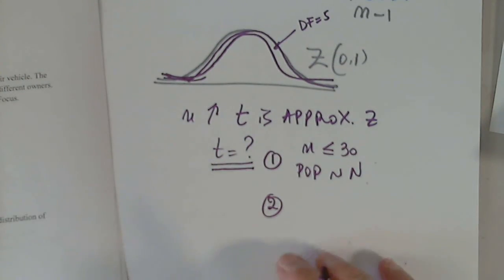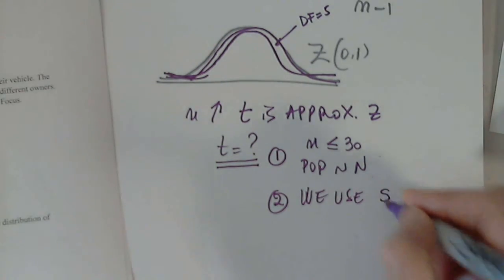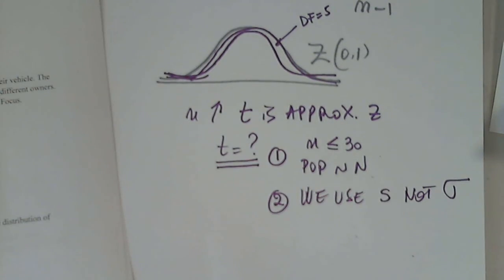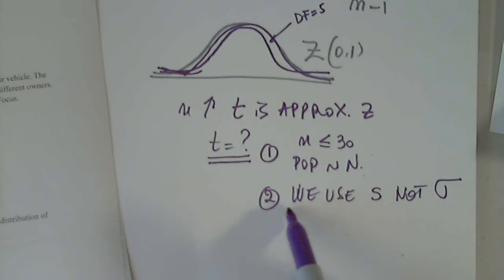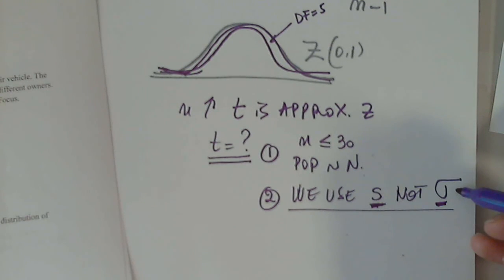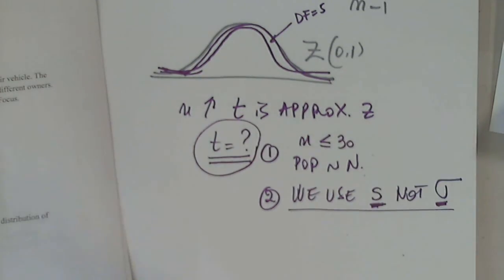Reason number 2, we use the sample standard deviation, not the population standard deviation. So for these two reasons, because we use S, which is a point estimate of the population standard deviation, it is recommended to use the t distribution.